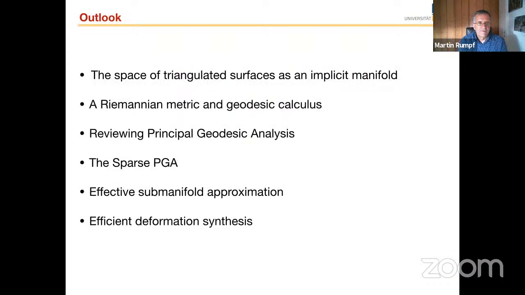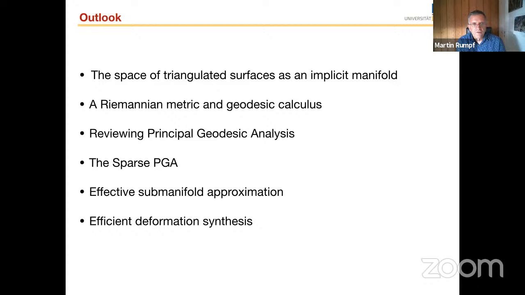So what I'm going to show you is first how to really understand the space of triangulated surfaces as an implicit manifold. This will immediately incorporate rigid body motion invariance, as you will see, and this will incorporate also a nice locality principle when it comes to variations.